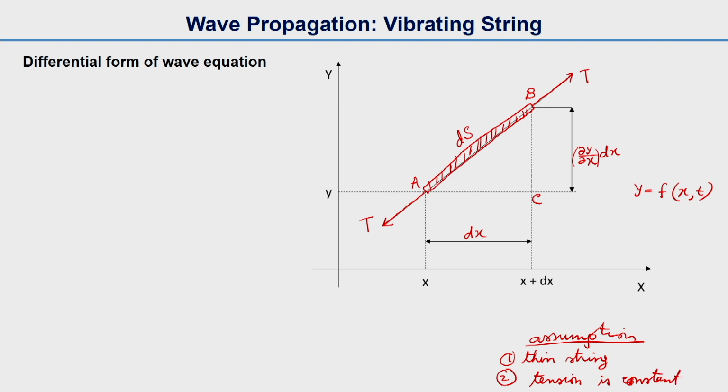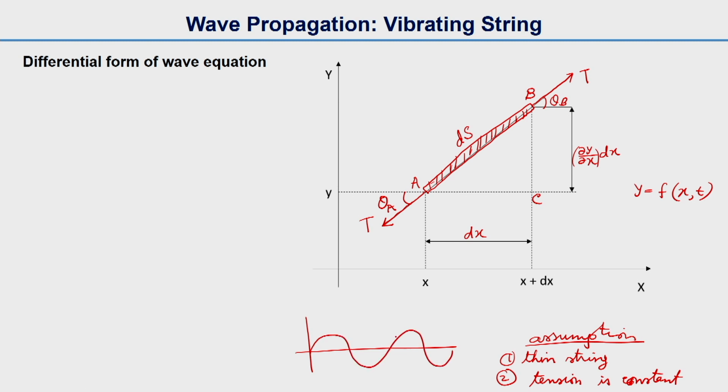Then we will see that there is an angle, this angle is theta A and this angle will be theta B. We should understand that this string is not exactly a straight line, because if you see from the earlier string vibration figure, it is like this.